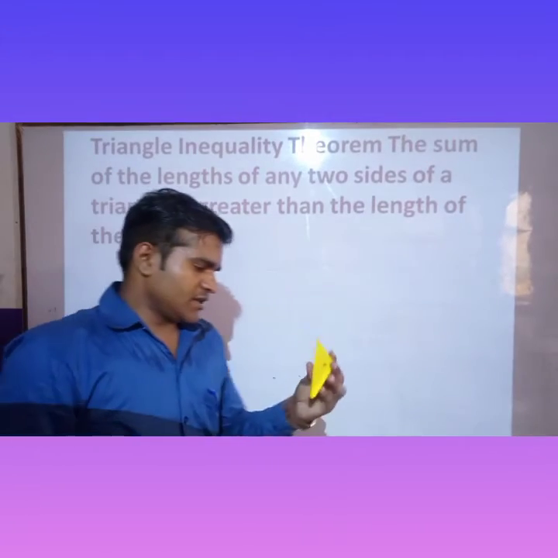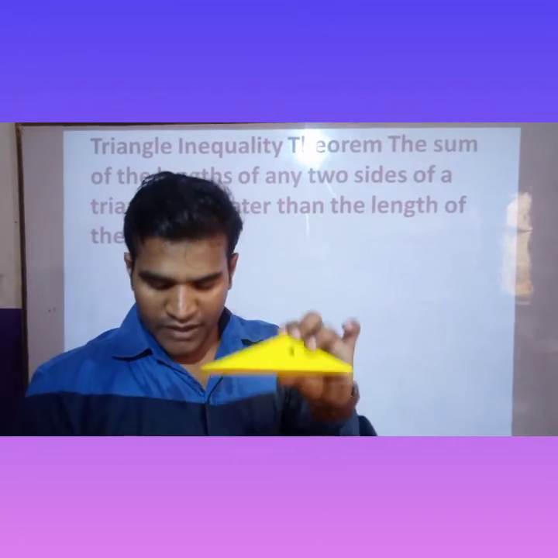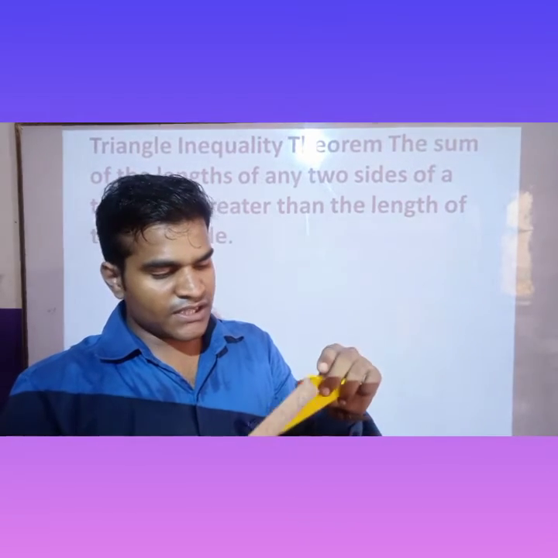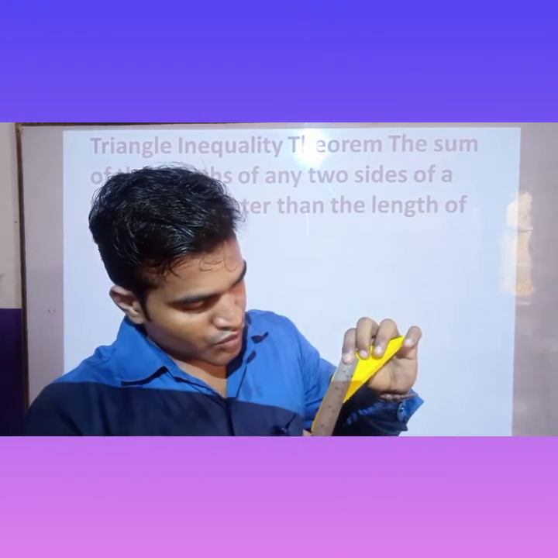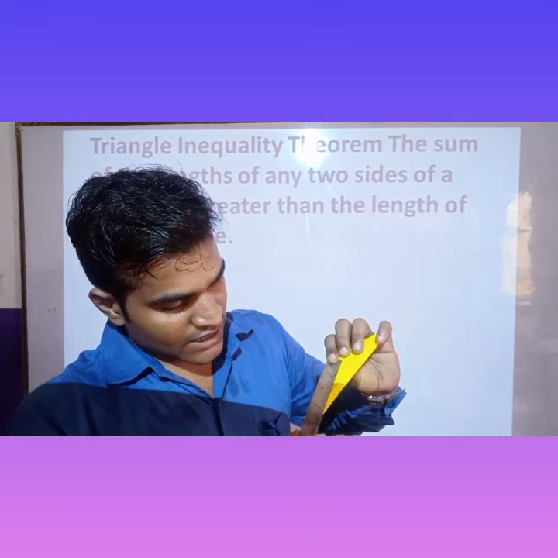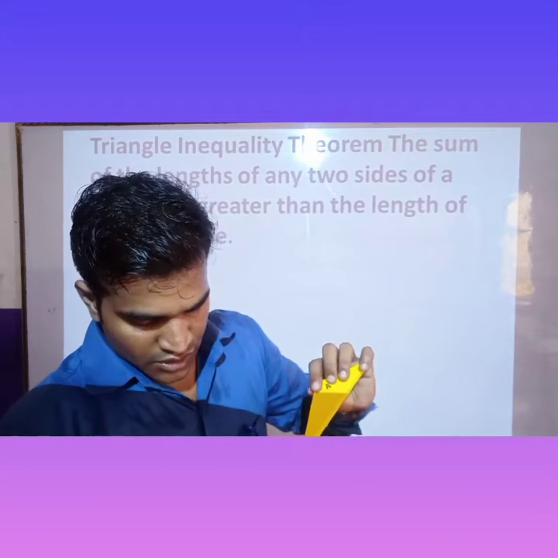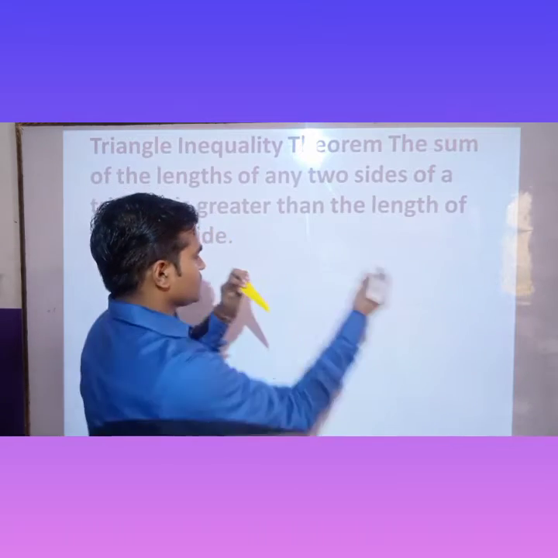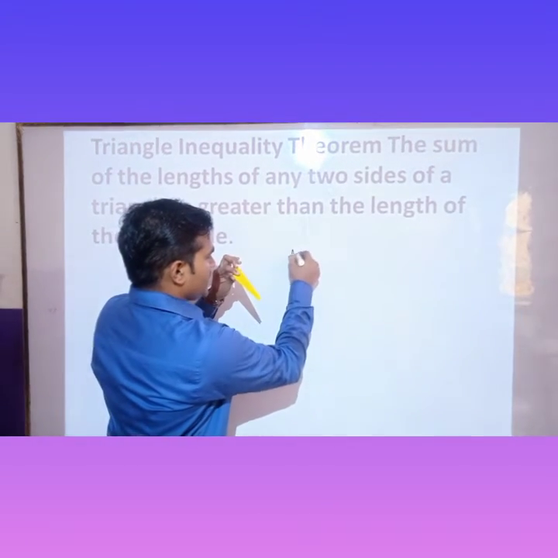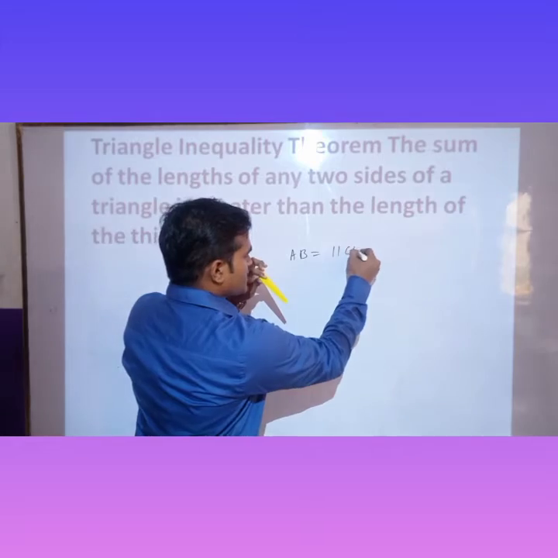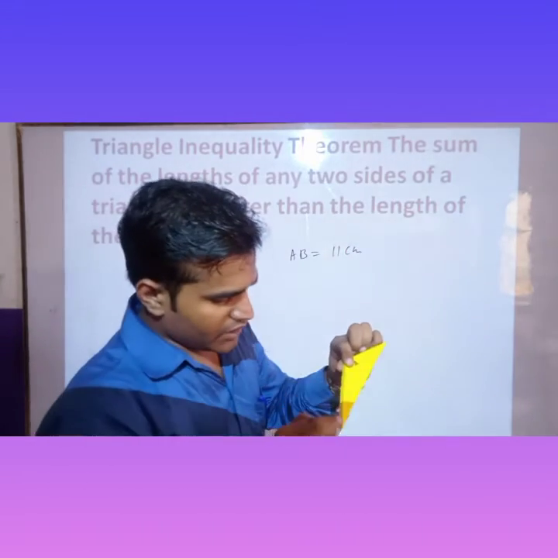So students, this is a triangle. Measure each side of this triangle with the scale, all of you measure with me. What is the side of this? That is 11 centimeter. Write it there. Suppose this is AB, which is 11 centimeter.